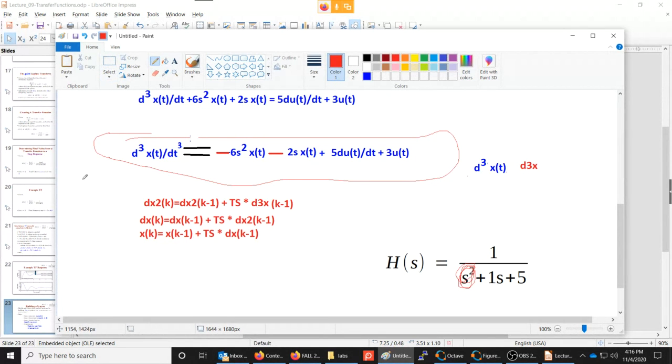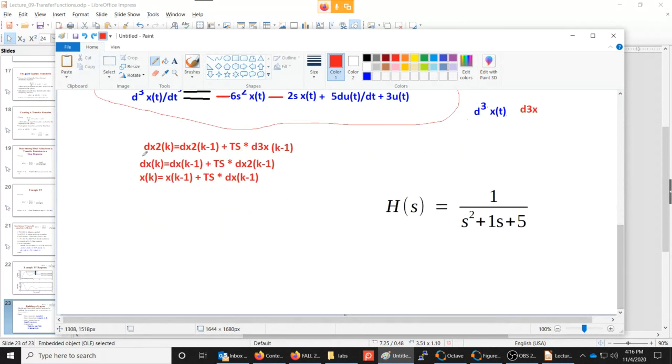S squared is your second derivative, that's acceleration. And this term here is your friction. And this term here is your position term.